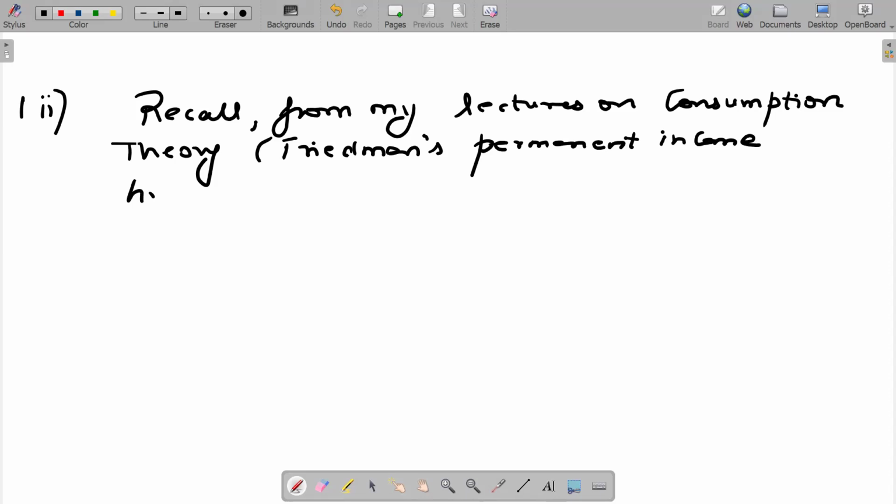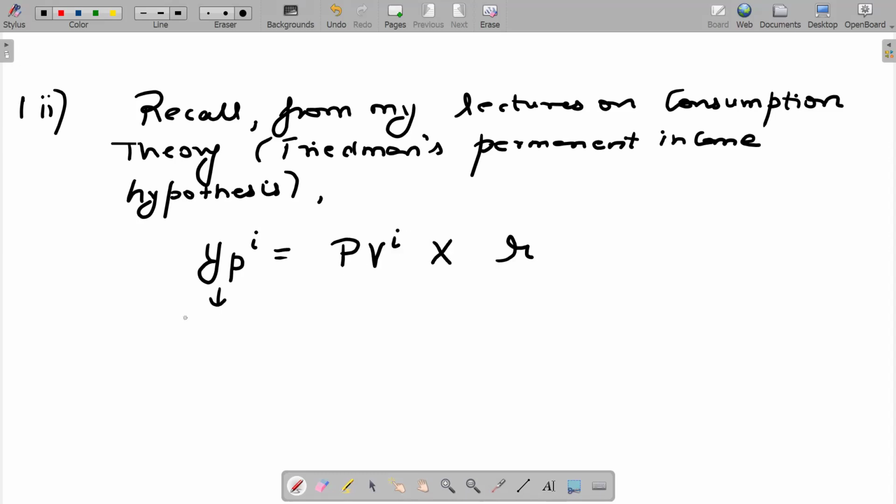Friedman's permanent income hypothesis. You will see that in those lectures, the permanent income for individual I is the present value of income multiplied by the interest rates. This is permanent income of individual I. This is present value of income.